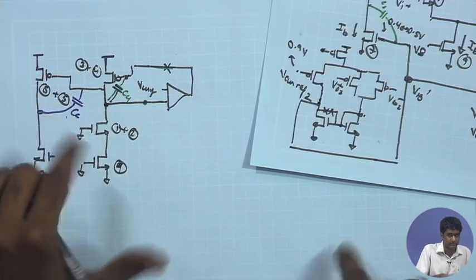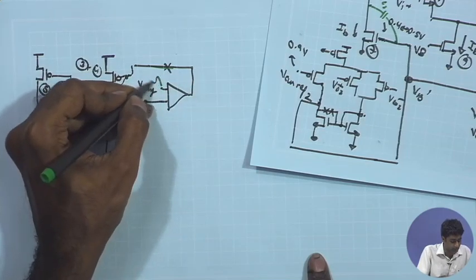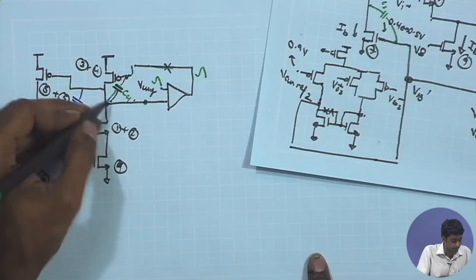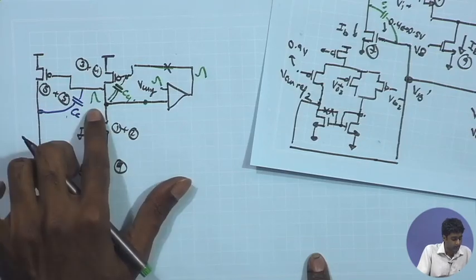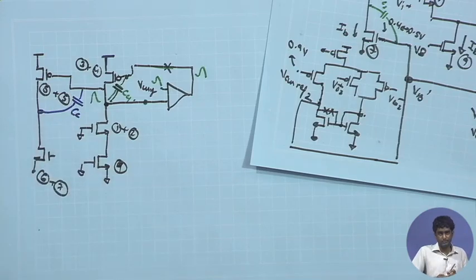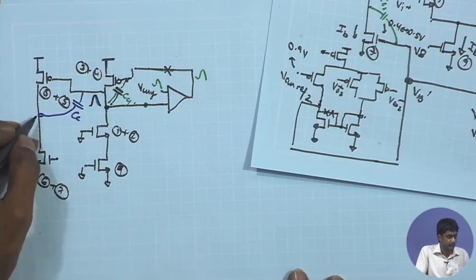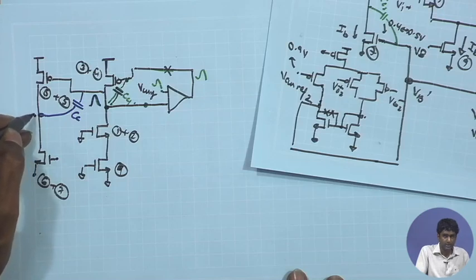What about CC? If I am putting a common mode signal after breaking this, and it leads to a signal over here, and you are also having another signal over here, is the CC going to play any role in this loop? If I assume that the second stage is controlled by a separate common mode feedback loop which is stable, that means if there is a common mode signal coming over here, the second stage will be able to track it, and make sure that the common mode signal over here has not changed.